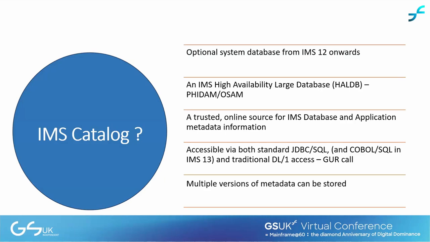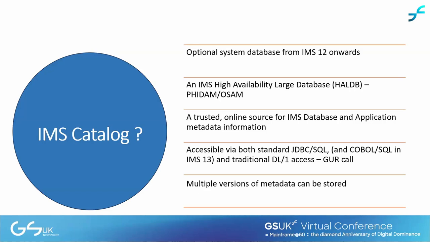So IBM implemented this as a HALDB PHIDAM OSAM database. And interestingly, I was sitting in one of the IBM conferences and I asked them a question, I think 5 or 6 years back, why they chose HALDB PHIDAM OSAM for the IMS catalog database.